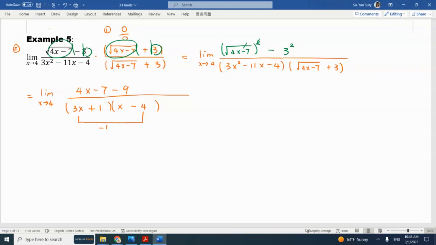This will give us minus 12x, this will give us x. So when we add them together, we get minus 11x. Yes. And that's factored. Just copy the square root of 4x minus 7 plus 3. Okay, keep going.